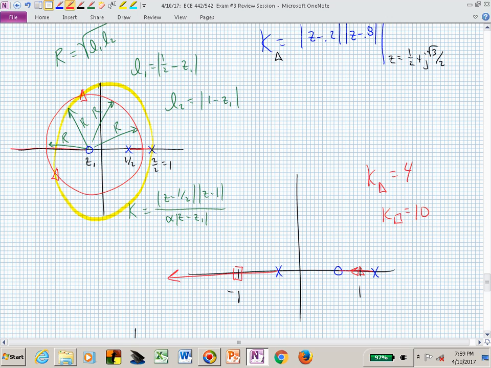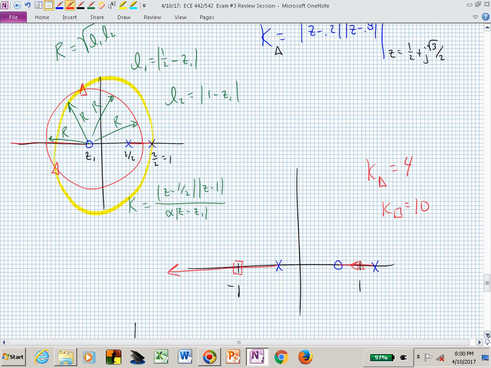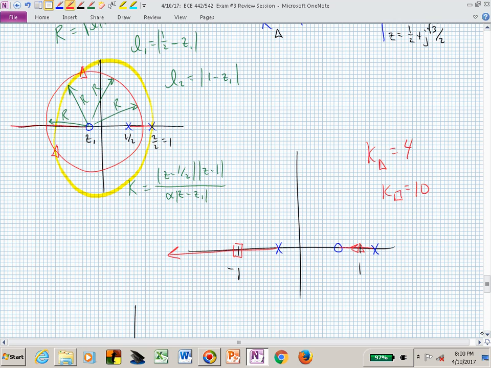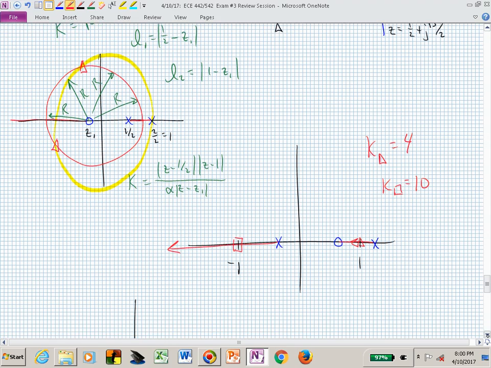In this case, you would have stability between 4 and 10. K living between 4 and 10 would allow you to stabilize that system. And it was a quick determination. You would just have to use the magnitude condition to find the k expression, evaluate it at 1 and -1, and then do this check. Do I have any range of k for stability?